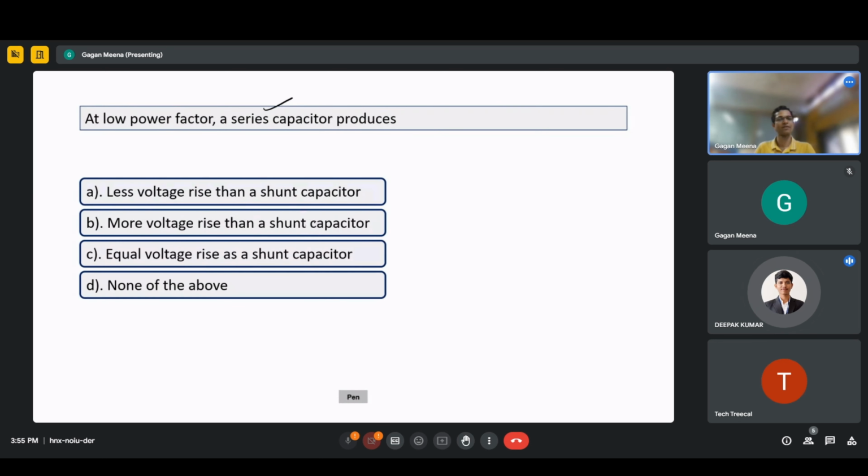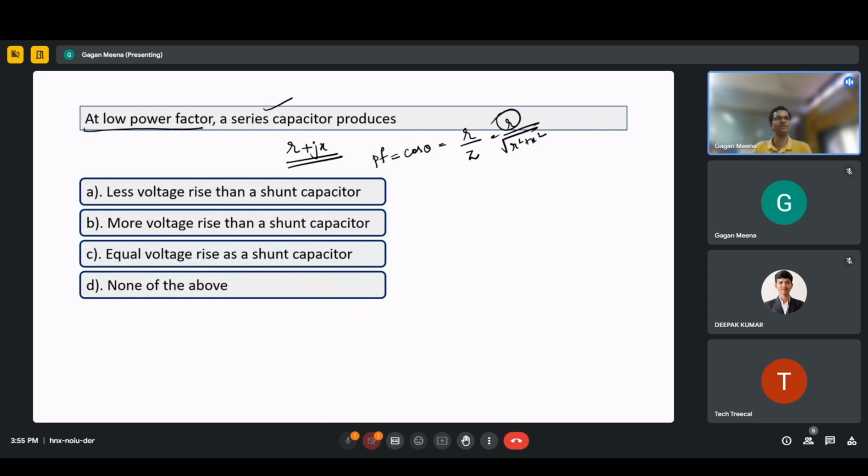Sir, why have they written low power factor? So at low PF, we have R. What is the power factor here? It is R by Z, where Z is the impedance.